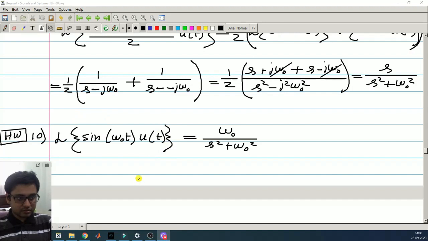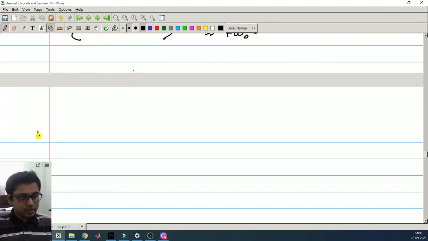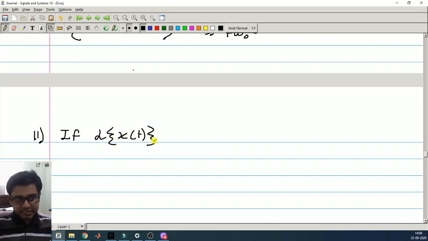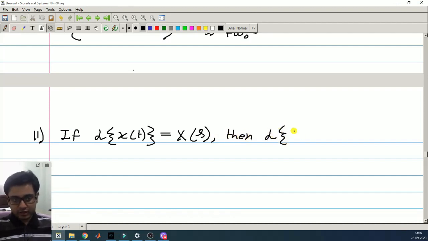Next, suppose the Laplace transform of x(t) is given as capital X of s. Then what will be the Laplace transform of t multiplied with x(t)?